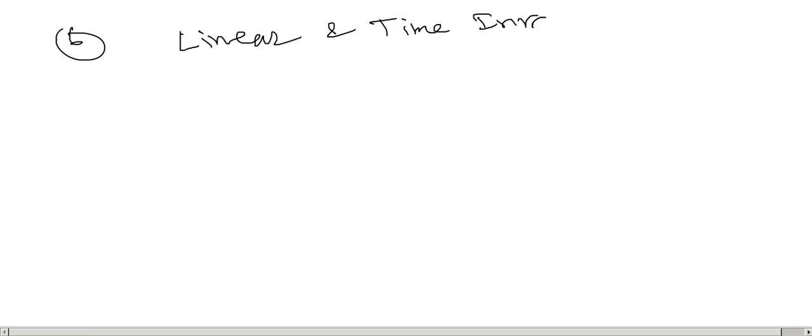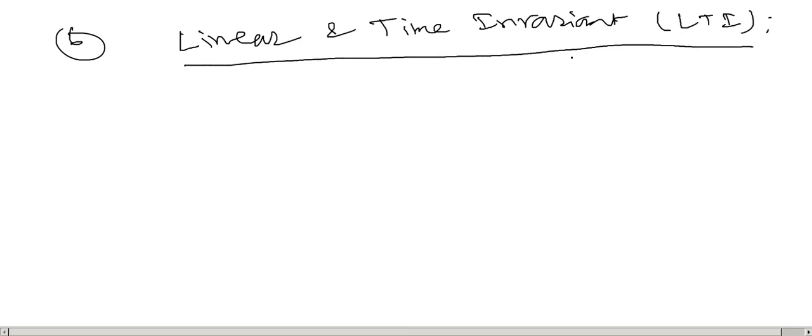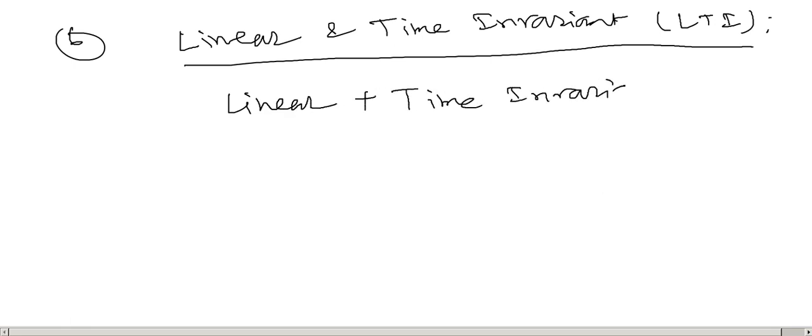The next classification is linear and time invariant. This is the most important type of class of systems. In short, it is known as an LTI system. It means the system should be both linear plus time invariant.